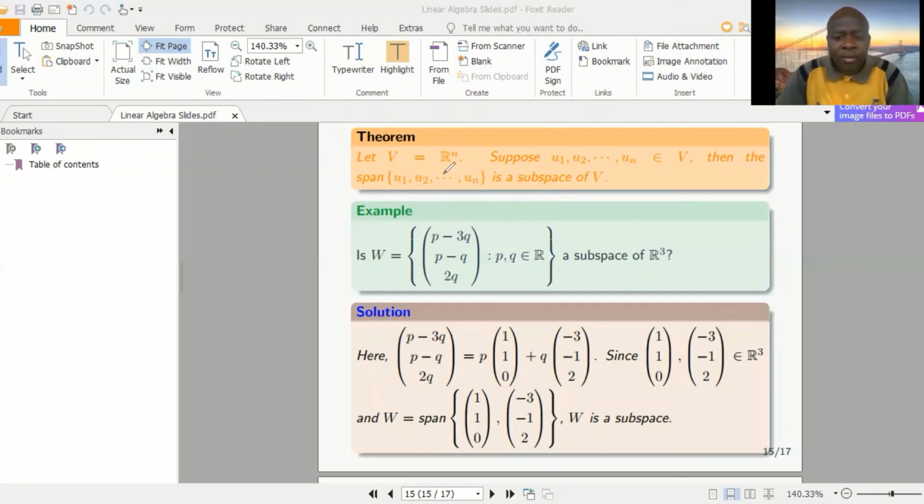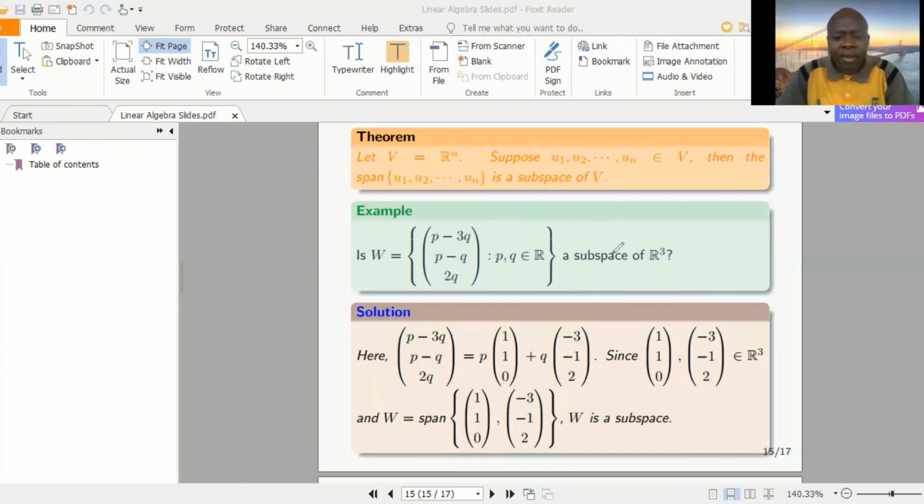So this is the theorem, and it means we can show that this is a subspace by using it. What we need to show is that this vector can be written as a linear combination of other vectors, which would then mean that those other vectors span R3.